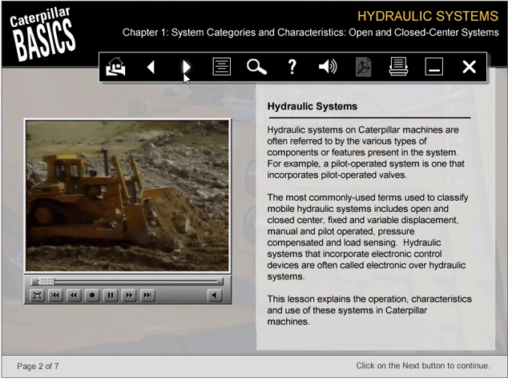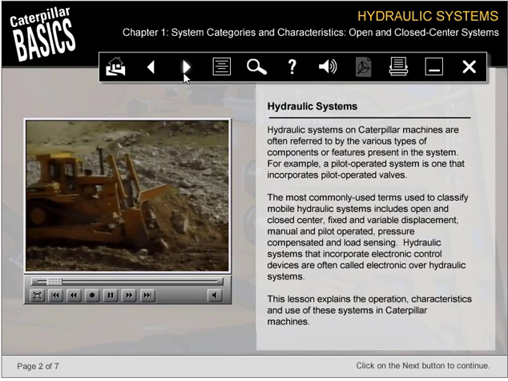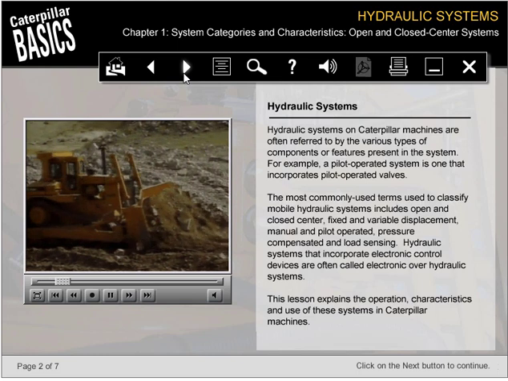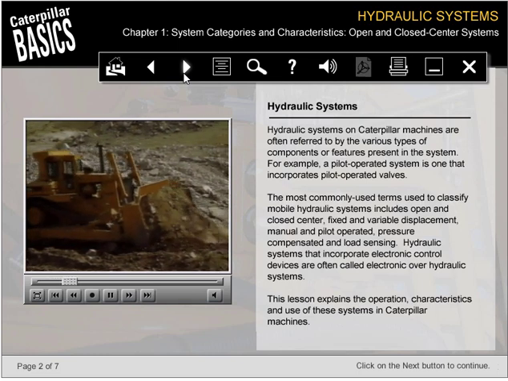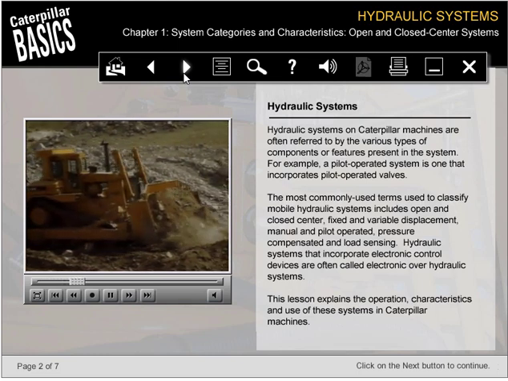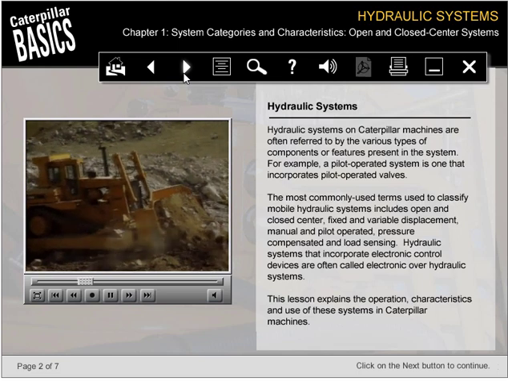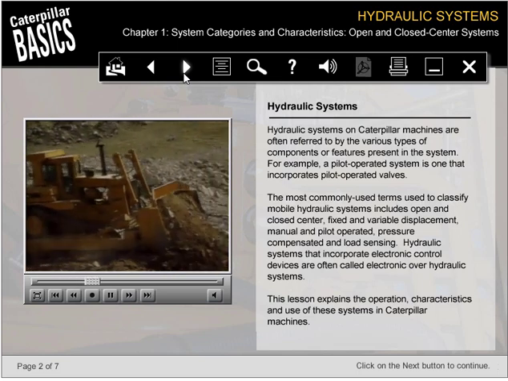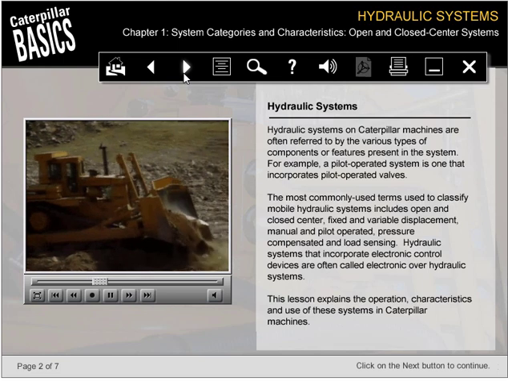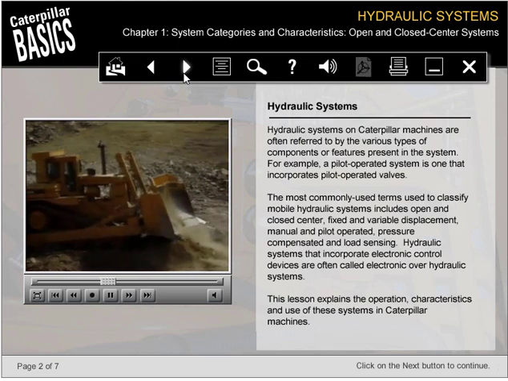Hydraulic systems on Caterpillar machines are often referred to by the various types of components or features present in the system. For example, a pilot-operated system is one that incorporates pilot-operated valves. The most commonly used terms to classify mobile hydraulic systems include open and closed center, fixed and variable displacement, manual and pilot-operated, pressure compensated, and load sensing.